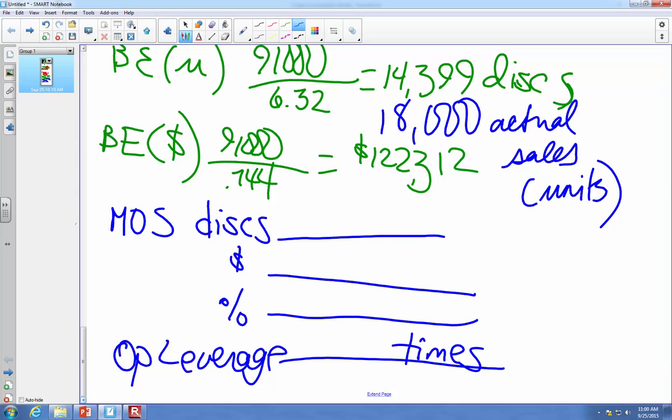I gave you the cost structure, and you figured out contribution margin and break even. How many discs did I actually sell? 18,000. What's my margin of safety? Dollars, discs, and percentage. And then in order to do operating leverage, you're going to have to run a what? Yeah, a contribution margin income statement at the 18,000 level.